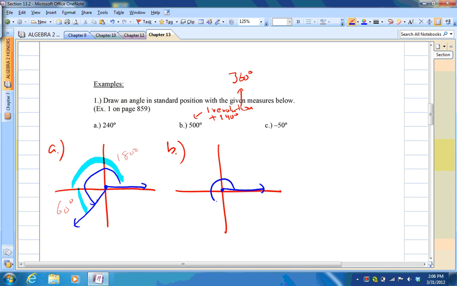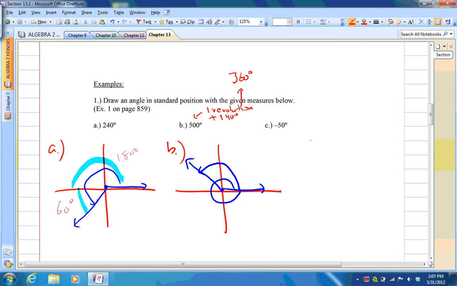You got to rotate once, so that's 360. Right now I'm at 360 degrees. Then I go a little bit more, that's 90, and then maybe about 50 degrees more. So that would be 500 degrees, because you got one revolution plus 140, because one revolution is 360, 360 plus 140 is 500, so we're good.